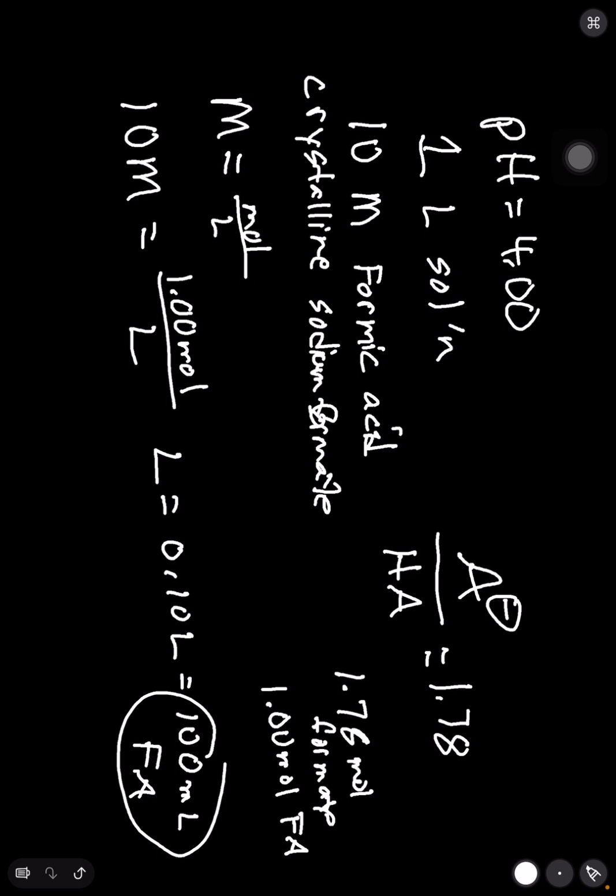So if you can figure out how many grams of sodium formate it takes to give you 1.78 moles, then we can assume that would also have 1.78 moles of your formate ion. So here's what we're going to do. We're going to look at the molecular weight of sodium formate because that's the unit that has both grams and moles in it. Sodium formate has a molecular weight of 68.01 grams per mole.